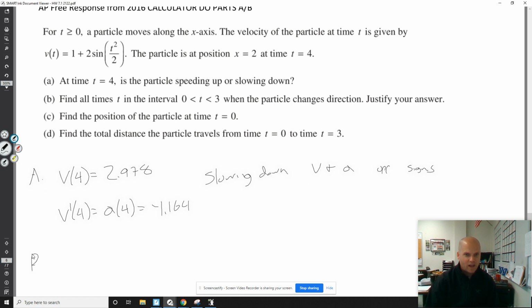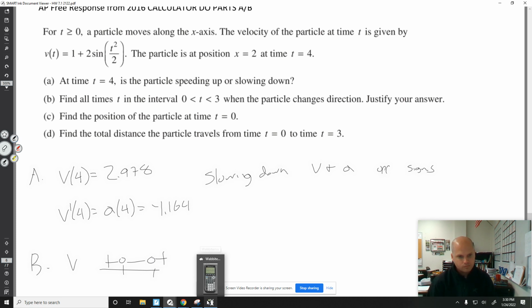Part B, find all the times when the particle changes direction. How are we going to change direction? Well, we have to go from right to left or left to right. What's that going to look like? A change of sign of velocity. When does my velocity equal 0 and change sign, not just skip off things?